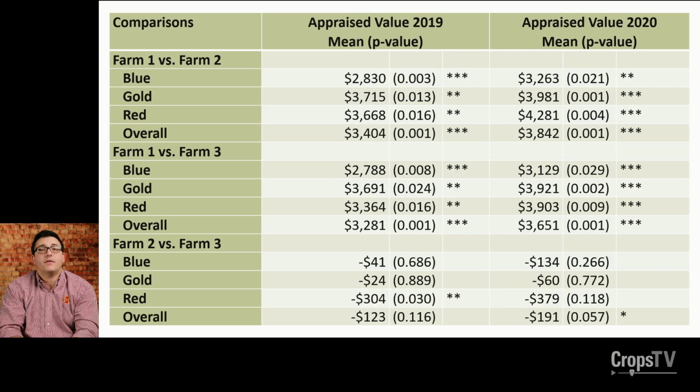Now, when comparing the appraised values by pairs of farms, most comparisons show that Farm 1 is more valuable than Farm 2 and 3 because of the characteristics I mentioned. A larger farm with a higher productivity index, right?